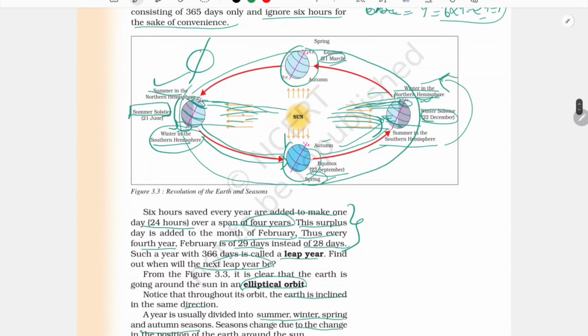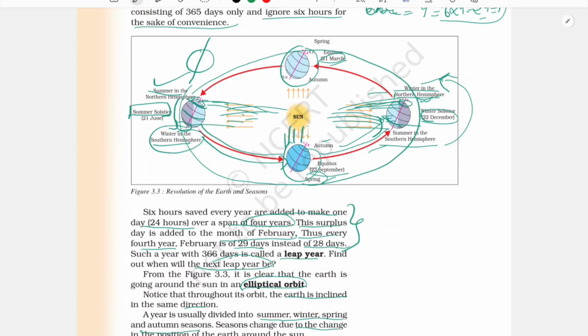See, in this figure, equinox means this earth is receiving the same amount of sun rays. No portion is tilted, isn't it? See here, no portion is dark over here and over here also. So the whole of the earth will receive the same amount of sunlight.